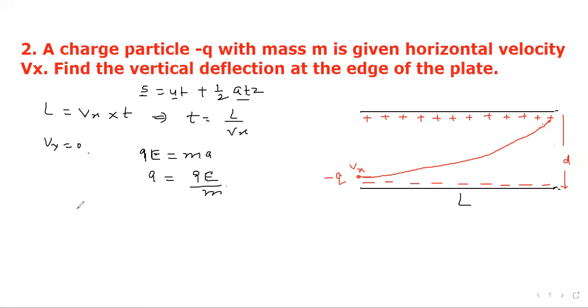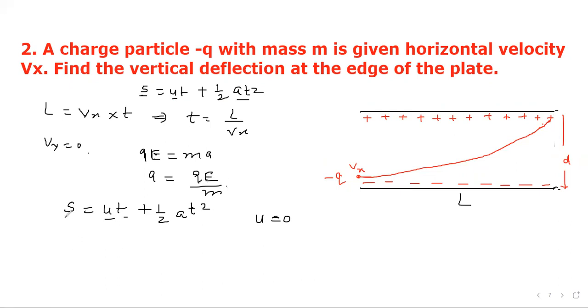Now again we apply the formula S equal to ut plus half at squared. Here u will be 0, since along the y-axis there is no initial velocity, and the time we have got as L upon Vx, and the acceleration we have got as qE upon m.